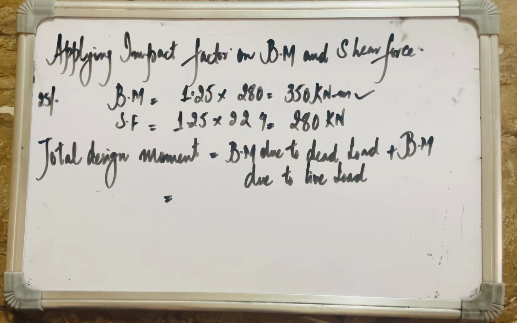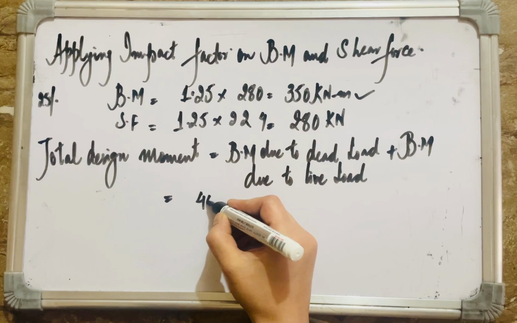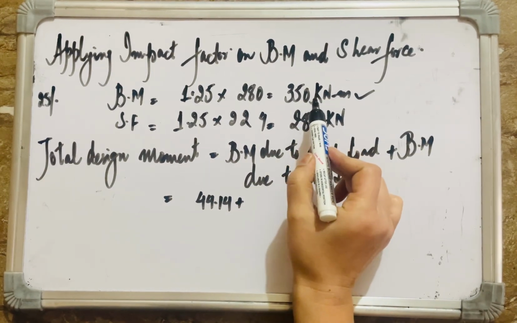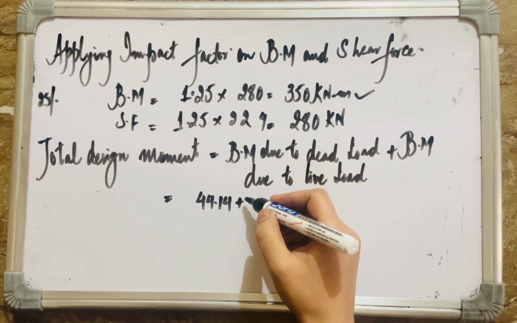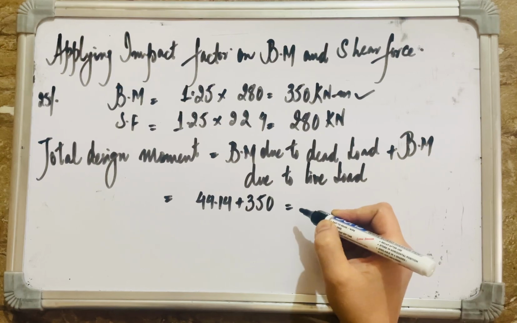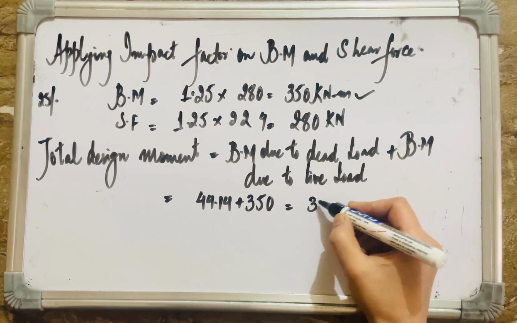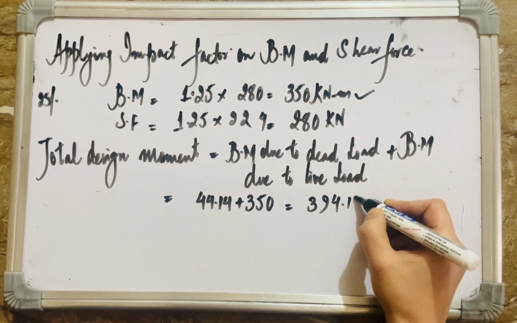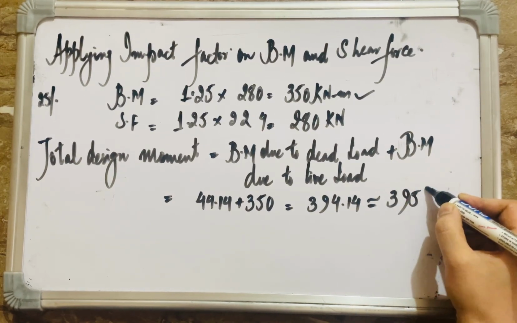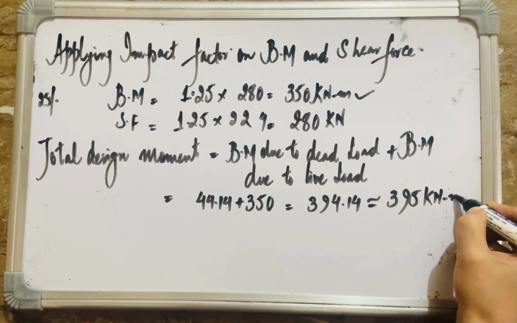We calculated it. It was 44.14 kilonewton meter. And how much is my bending moment due to live load? After applying the impact factor, it is 350 kilonewton meter. So my design moment is 394.14, which is approximately equal to 395 kilonewton meter.